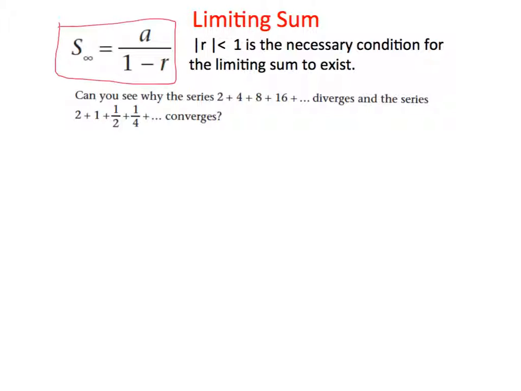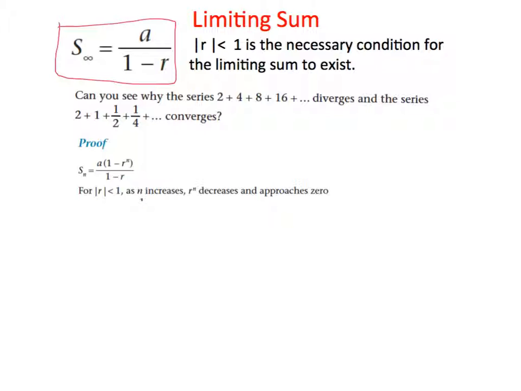So here's the proof of where this formula comes from. There's the formula that you know for the sum of n terms in a geometric series. Now, as n increases, this term here, r to the n, is going to decrease and approach 0.